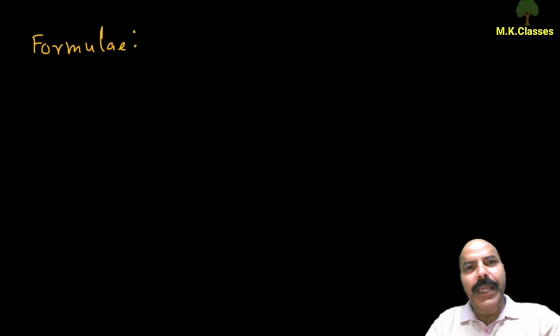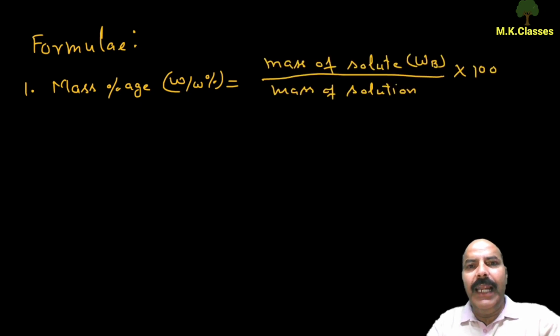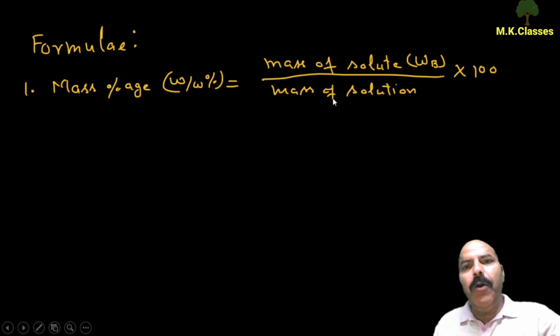Although I have discussed all these formulas in the first lecture, even then let me recapitulate these formulas. So first is mass percentage, that is W by W percentage, and that is nothing but the mass of the solute, that is WB, upon mass of the solution into 100.